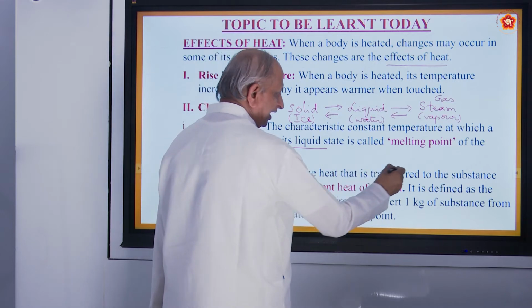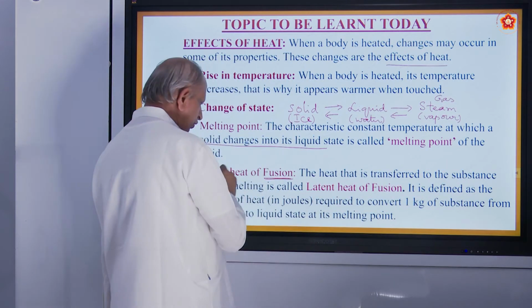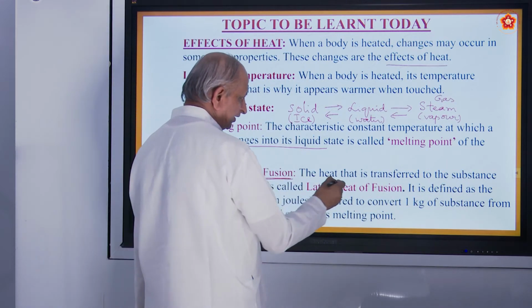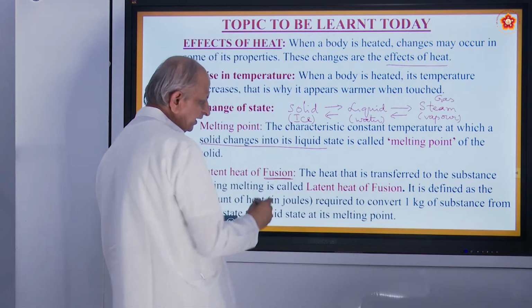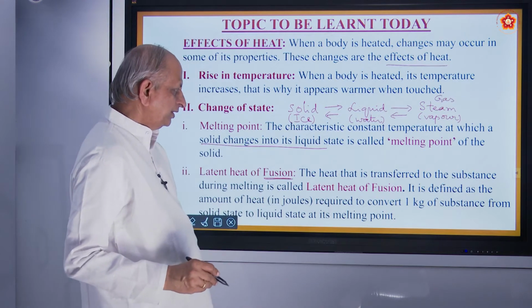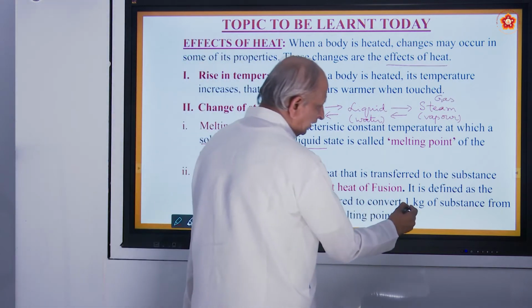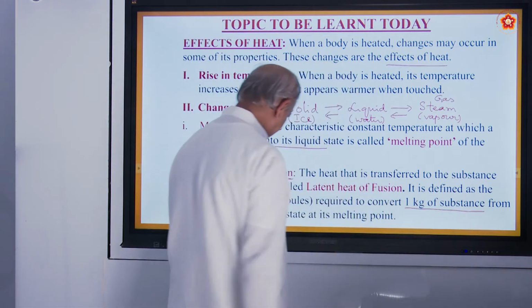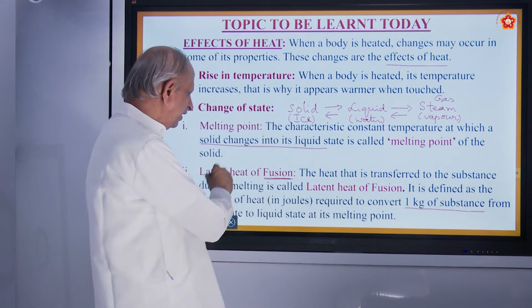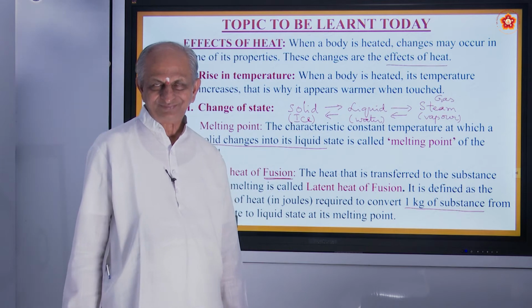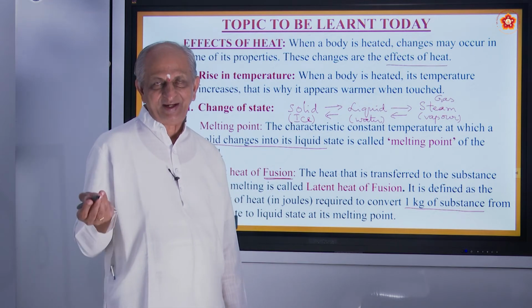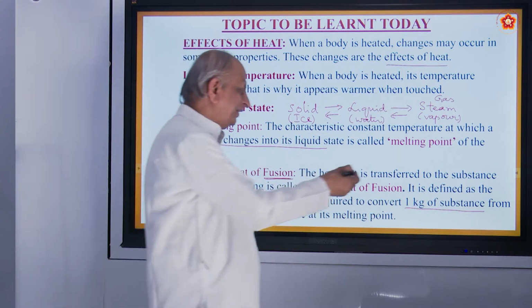The heat that is transferred to the substance during melting is called latent heat of fusion. It is defined as the amount of heat in joules required to convert 1 kilogram of substance from solid state to liquid state. Solid to liquid. Here you are taking 1 kg.